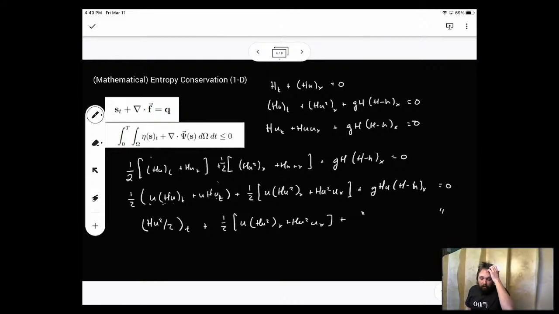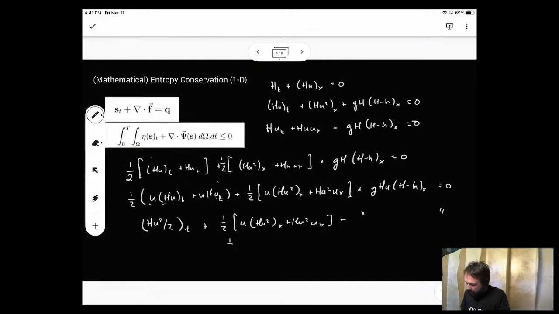Now, we can do product rule inside this second term, and what we'll end up getting here is hu squared x multiplied by u, and hu squared multiplied by du dx. So I can basically lump all that together.